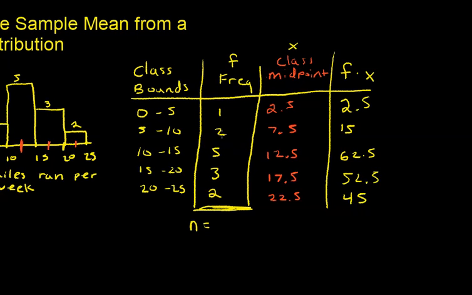That's 3, 8, 9, 10, 11, 12, 13. Now I'm going to sum up the f times x. Remember, this symbol means sum. This is basically the sum of all of my data.